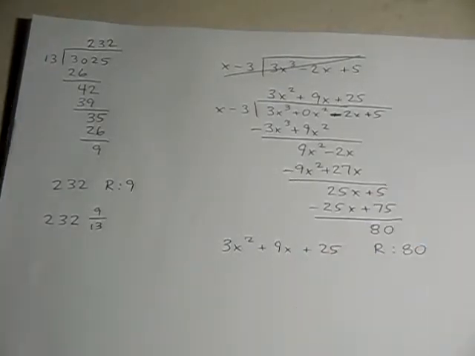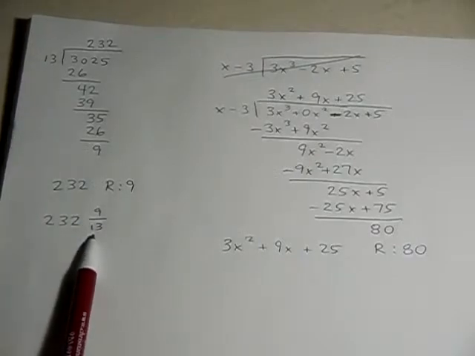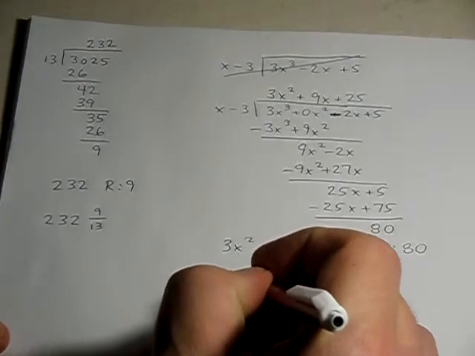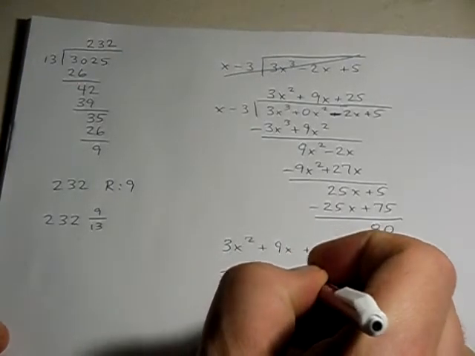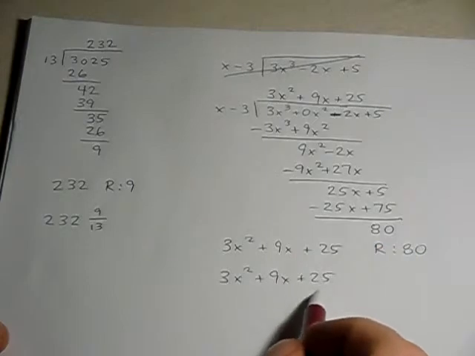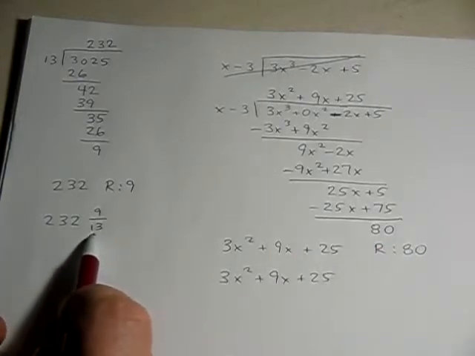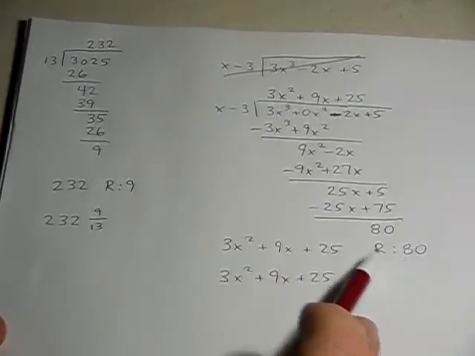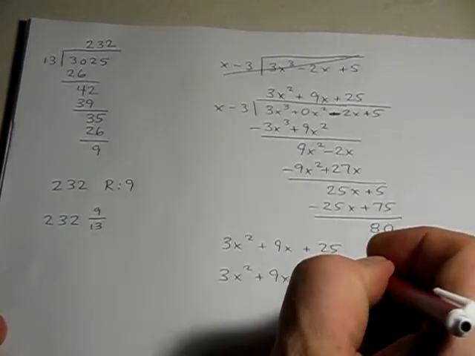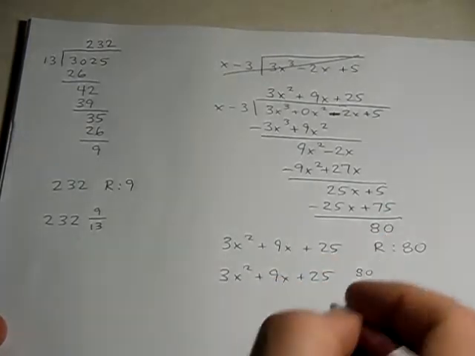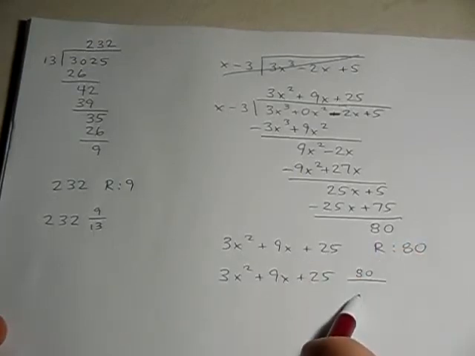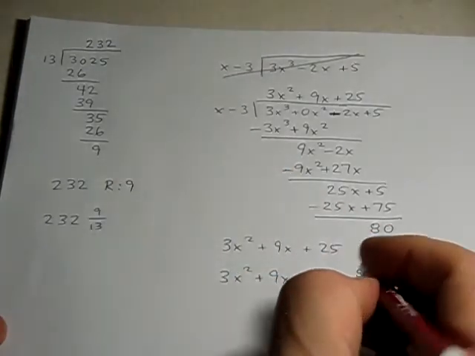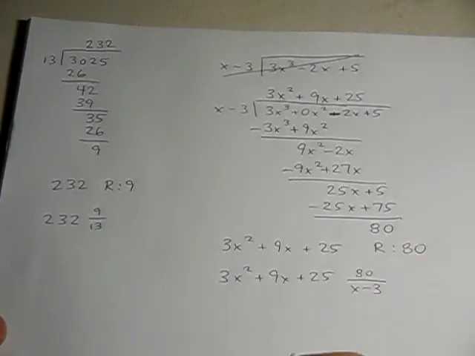But most textbooks, including yours, prefer your remainder to be written as a fraction. So we'll do that. So the quotient, this 3x squared plus 9x plus 25, that part is all the same. And then just like how we got the fraction for 9/13, we do the same thing with our remainder here. The remainder becomes the numerator of the fraction, the top part of the fraction, and the denominator comes from the divisor, which in this case was x minus 3.